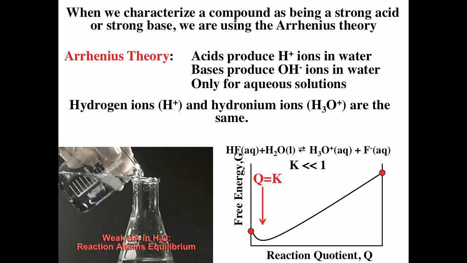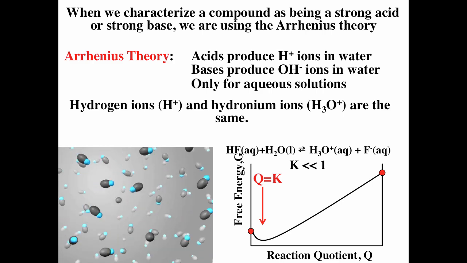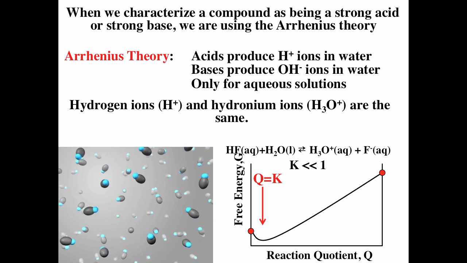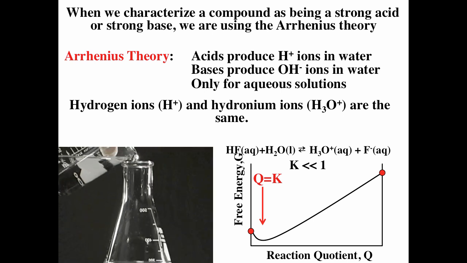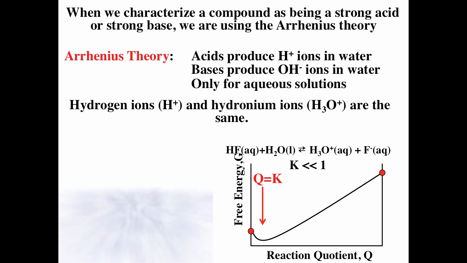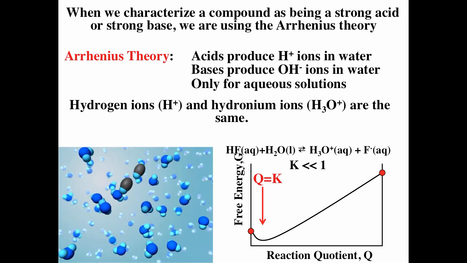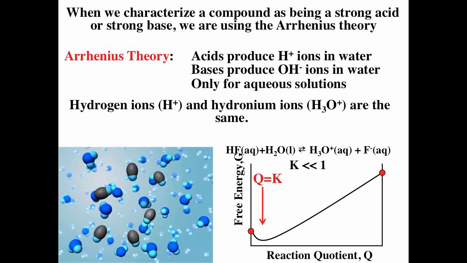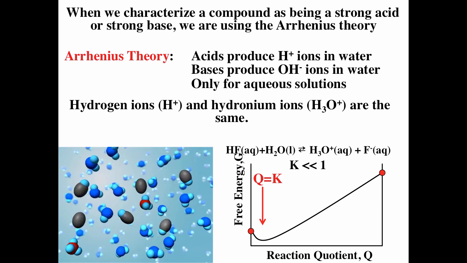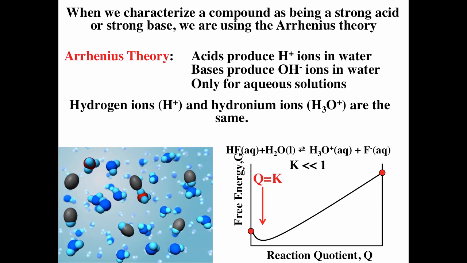Now the beaker contains a weak acid. As before, the moment the acid molecules make contact with the water, proton transfer from HA to H2O occurs. But in a very short time, proton transfer from hydronium ion to A- balances it, and equilibrium is reached.